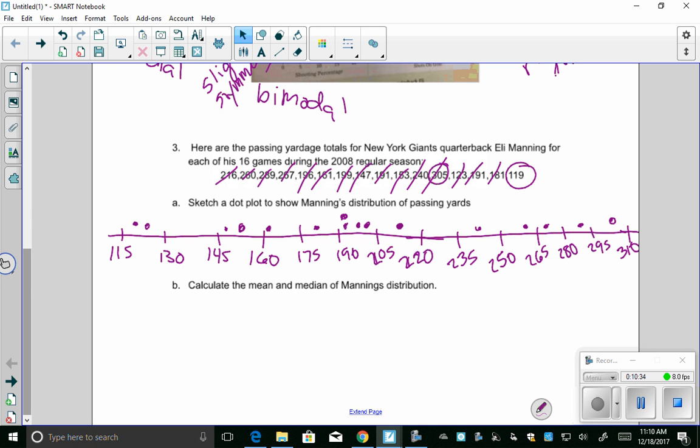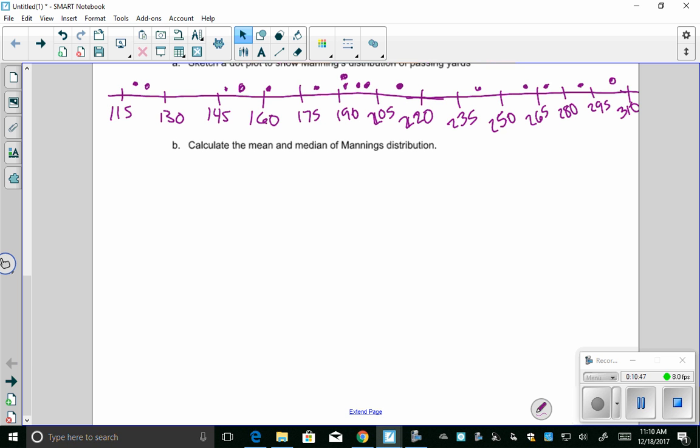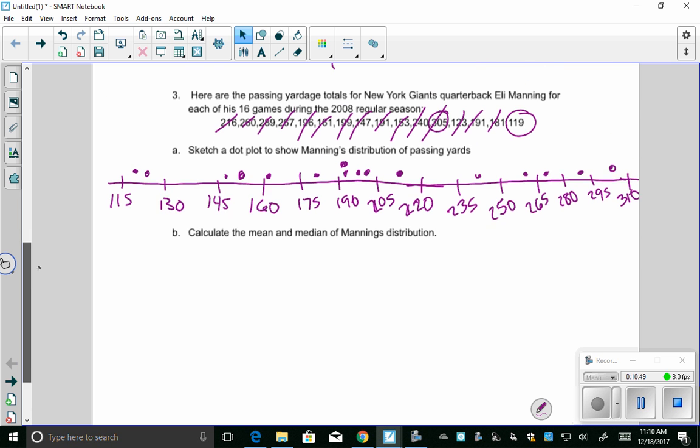Okay. The next part of this question says to find the mean and median. How do I find the mean? Add them all up. Well, see, you should already have it, so go over and write it down.